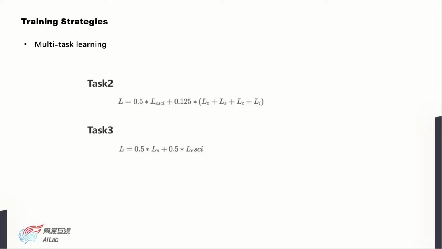In Task 2, we jointly train 4 two-class classifiers while training the main 4-class classifier. In Task 3, we jointly train the 4-class classifier and the classifier of the substitute label. The loss functions are the following.